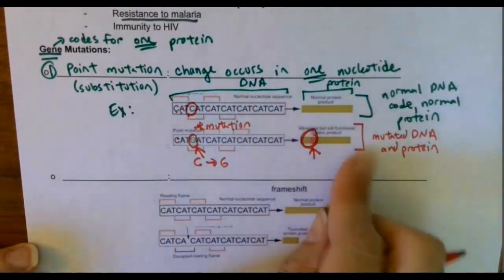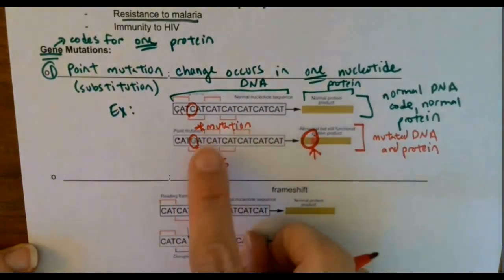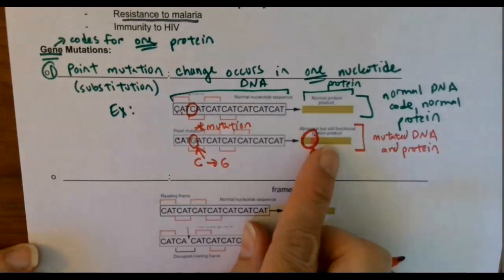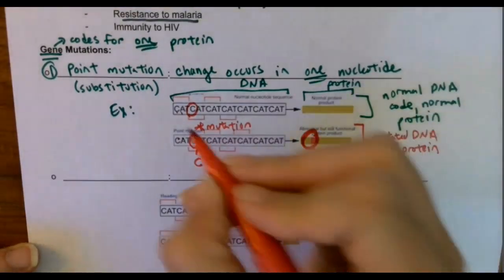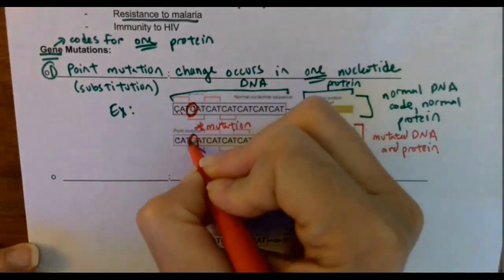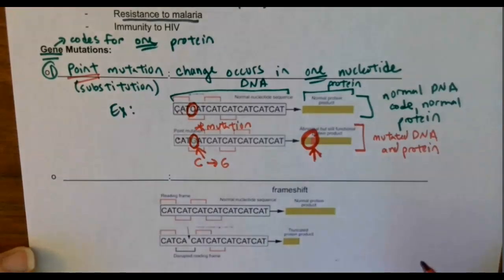It causes a mutated protein because the DNA codes for the protein, and if you change the DNA, you change the protein. But it only changes one small part of the protein because you only switched one nucleotide. That's called a point mutation.